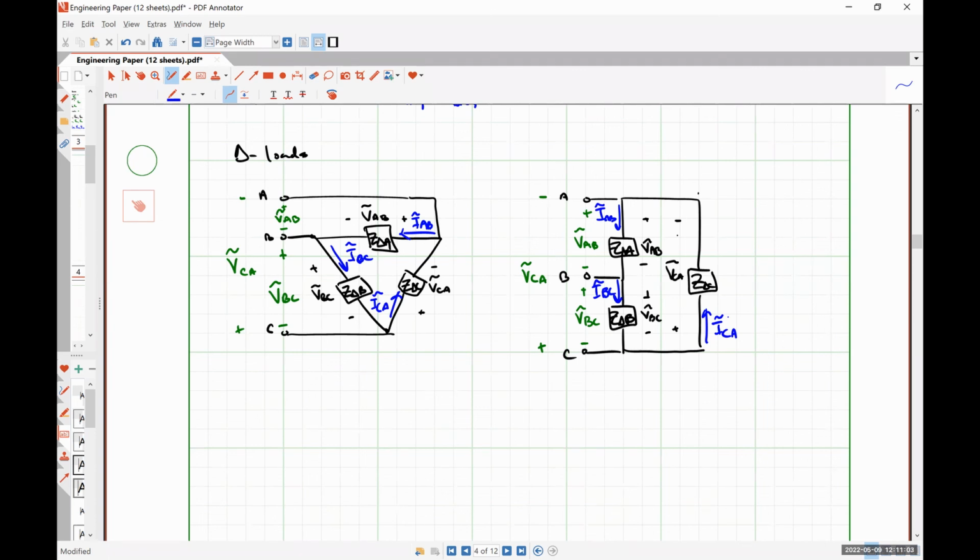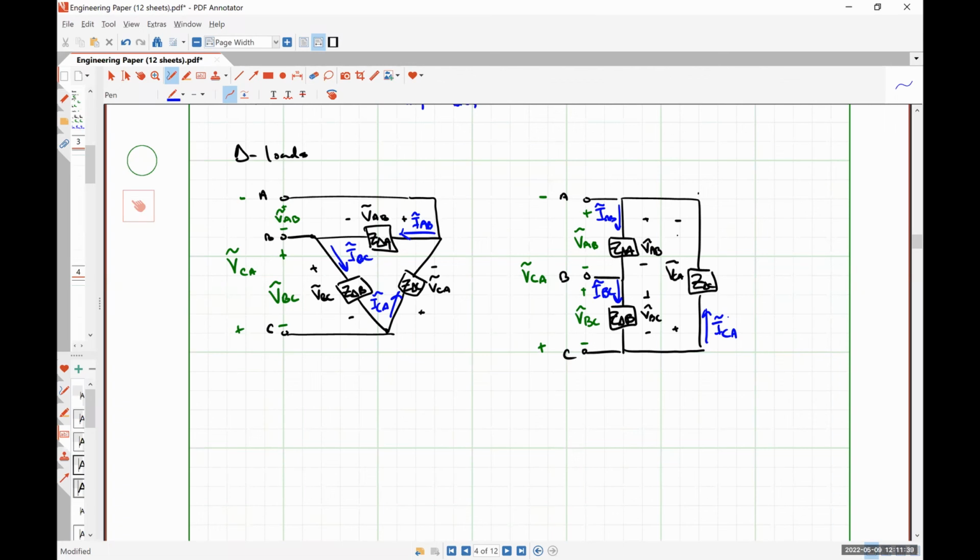Once we have analyzed our balanced Y system, we are then going to learn a series of transformations that will allow us to represent any source combination as a Y-connected source and any load combination as a Y-connected load, so that we can effectively apply our Y-Y analysis techniques to the three other types that we have.